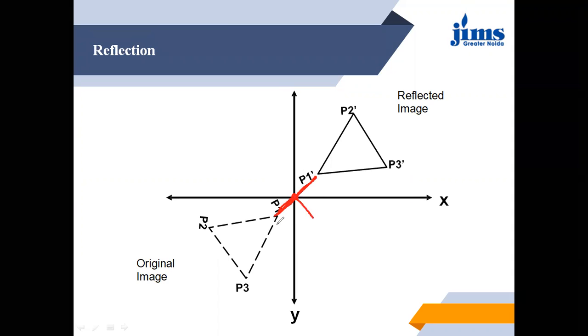For example, x is minus 2 and y is also minus 2. So when we reflect it over here, then P dash will be 2, and this y value will also be 2. So we see over here that all the negative values are going to be changed into positive values.